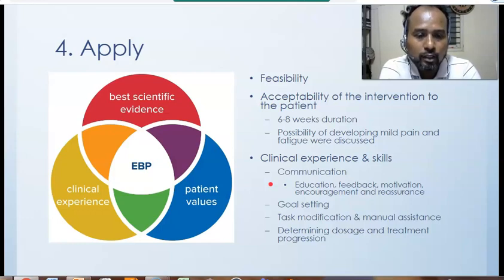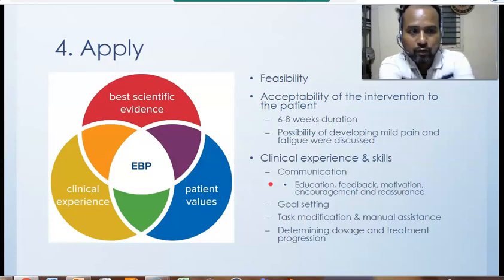So these are all my content knowledge, content expertise, and communication was helping. Yeah, in communication: feedback, education, motivating the patient, reassuring the patient that you are finding it difficult today, but in a week or so it's going to get better, so focus on it.